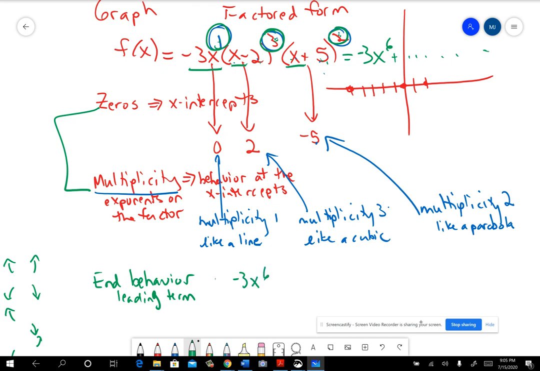The whole polynomial would behave at the ends like y equals negative 3x to the 6th. In more simple terms, that's going to behave like a negative x to an even power, so like a parabola. That's kind of the thought process I go through.